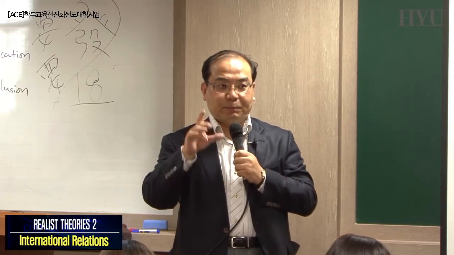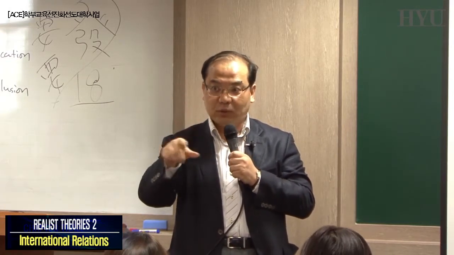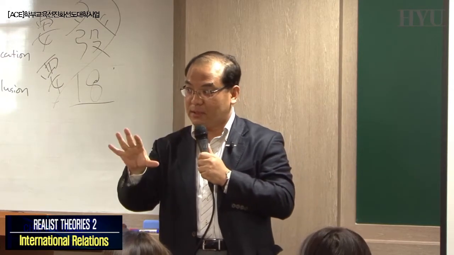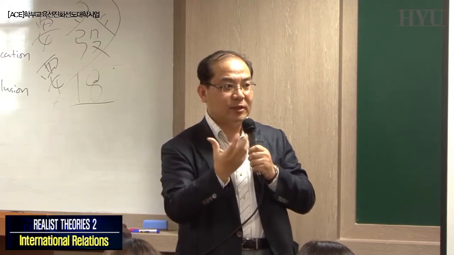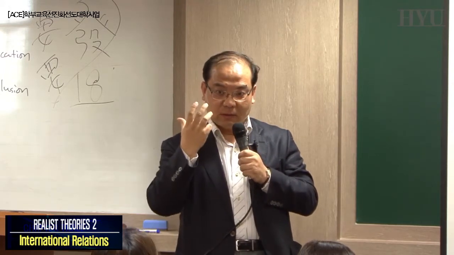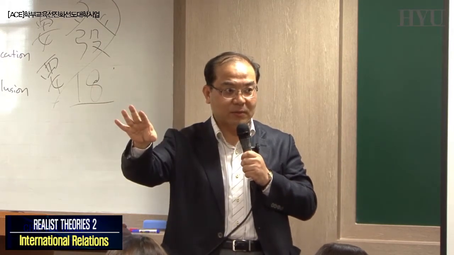State plus nationality. That's the biggest characteristic of the modern system. In other words, the same ethnic group combined to make a state, a nation state. That's the modern international system.